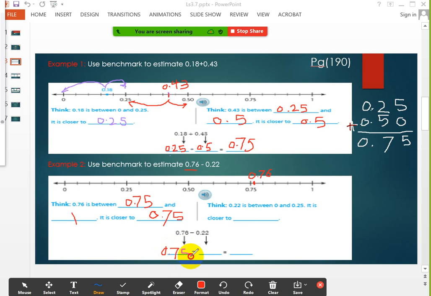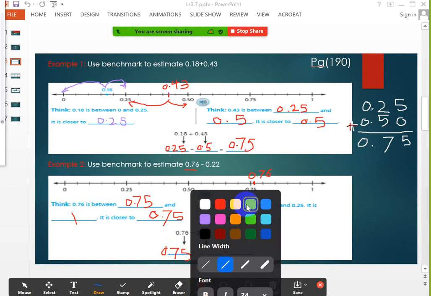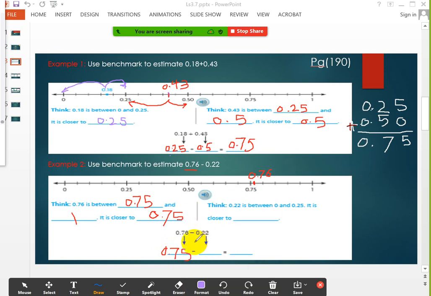Let's see 0.22. Now, what about 0.22? It will be between 0 and 0.25, right? So this is 0.05, 0.10, 0.15, 0.20, 0.25. So it will be between this point and this point. So it will be right here.